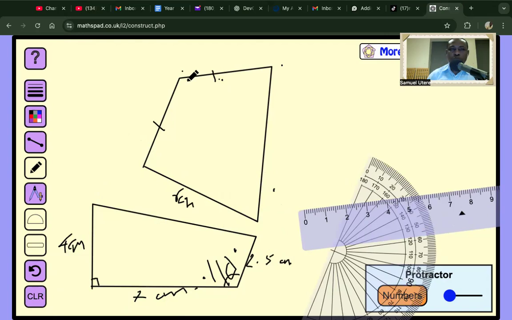This is 120 degrees. This is 95 degrees. This is 4.5 centimeter. And of course, it's the same with this side because you have the hatch mark, which shows that these side lengths are equal. Okay, so let's head back to our teaching slide.